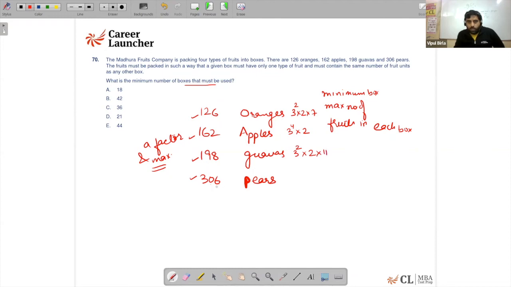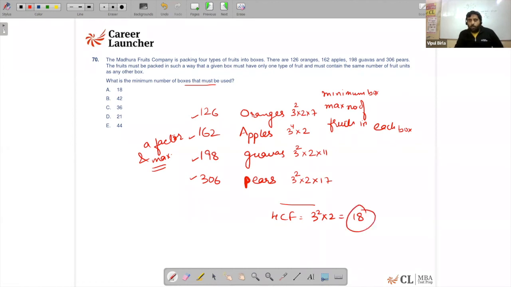And 306 is 3 square, 9 into 2, that is 18 into 17. So the HCF of these 4 numbers is 3 square into 2, which is 18.